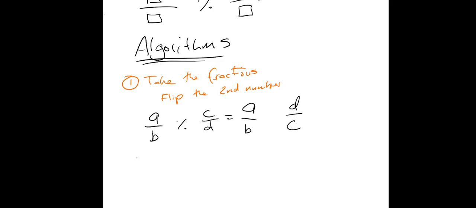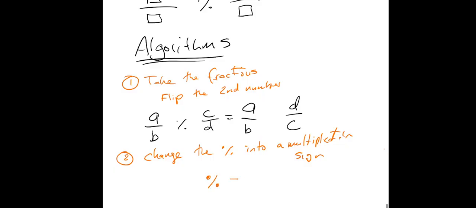The second step is changing the division sign into a multiplication sign, i.e., the divided by sign becomes multiplied. So up here, our new equation would be that.